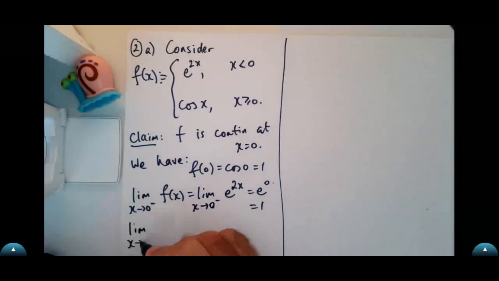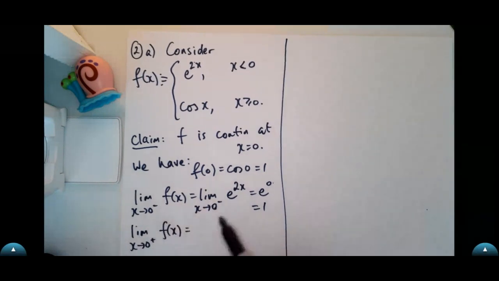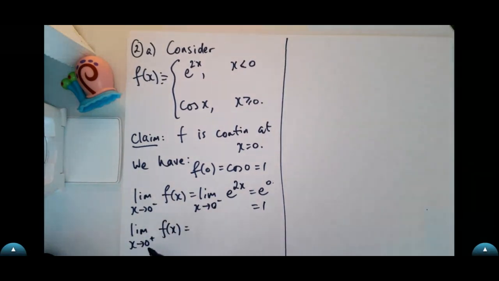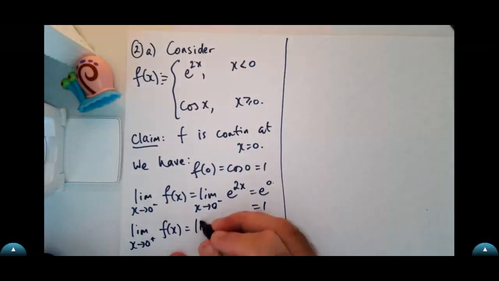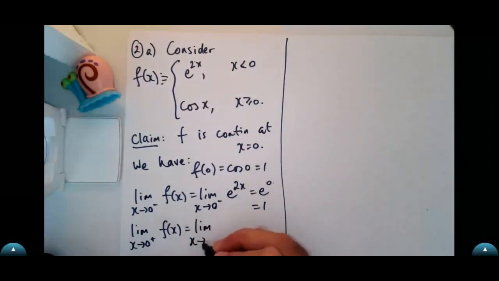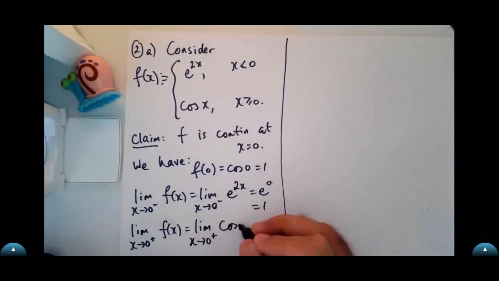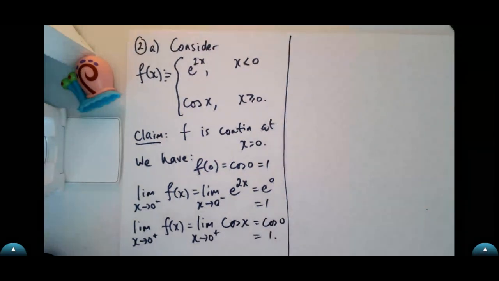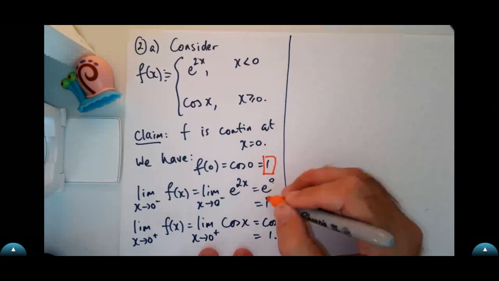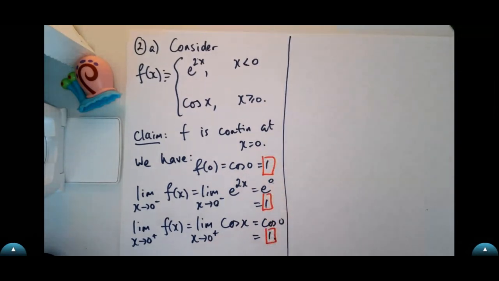And let's approach from the right. So when x is bigger than 0, my function is the cosine function. And again, you can just put the 0 in there. Okay, so we got this, this, and this.